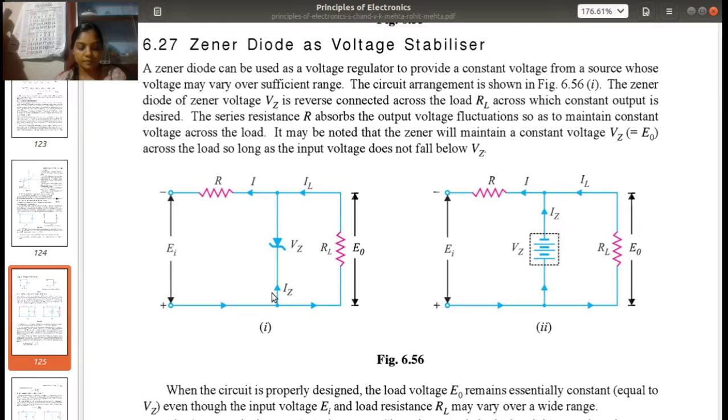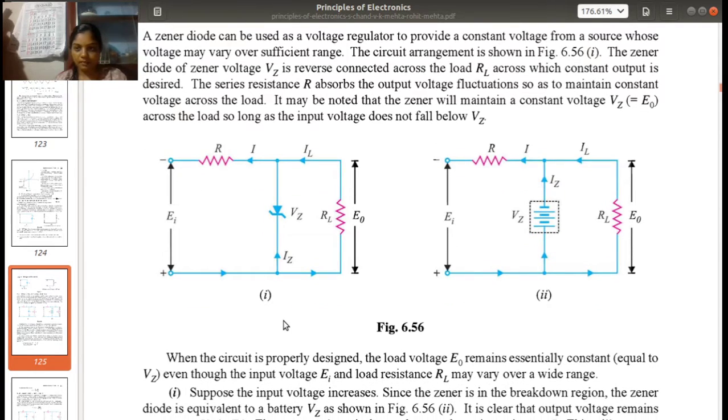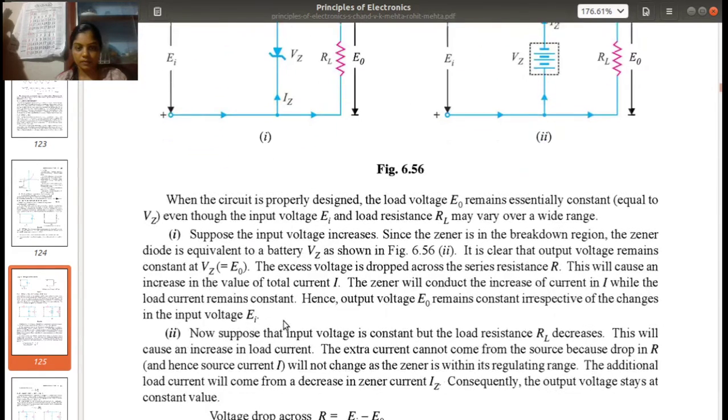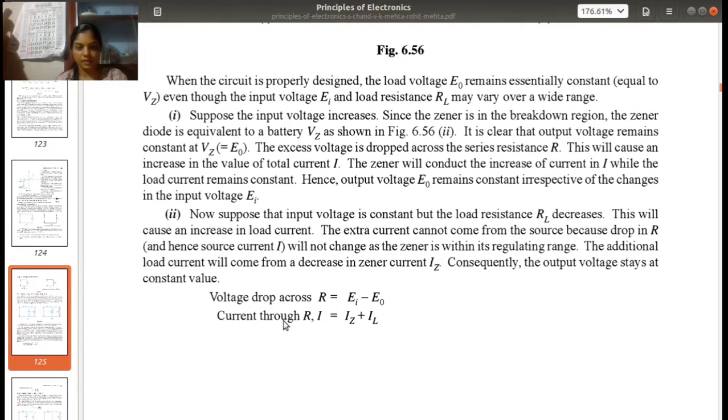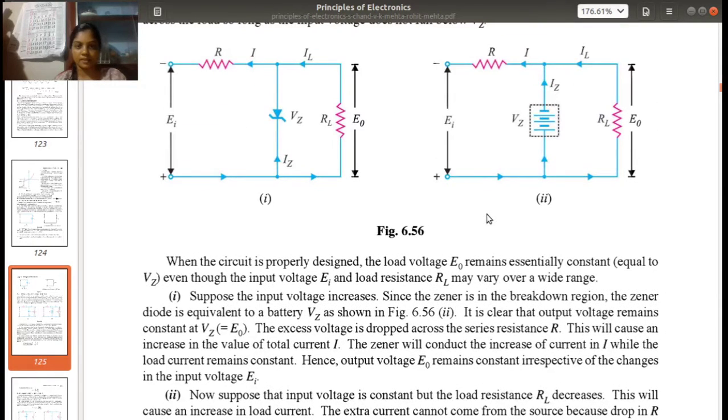And if the series resistance is R, the total current is I. Now suppose that the input voltage is constant but the load resistance RL decreases.